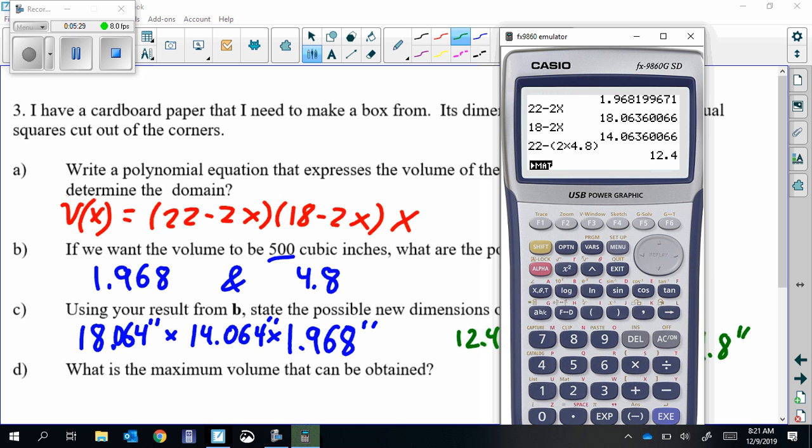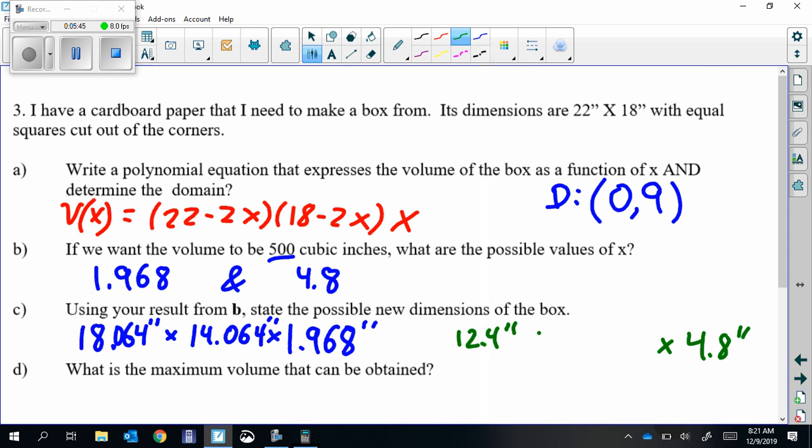And then 18 minus that is 8.4. So there's your dimensions for the two ways you can make the box.